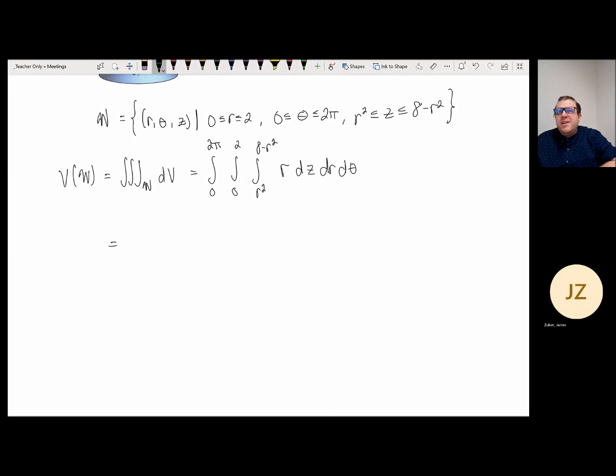Neither z nor r depend on theta. I'm also going to eliminate the z because there's no z. So the integral with respect to z would just be 8 minus r squared, the upper bound, minus r squared, the lower bound.